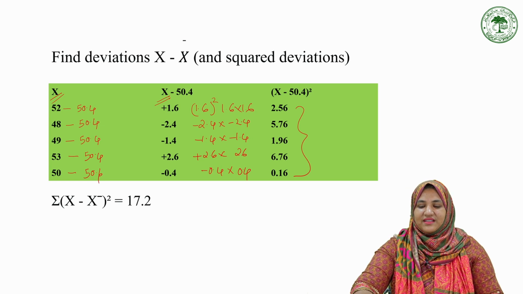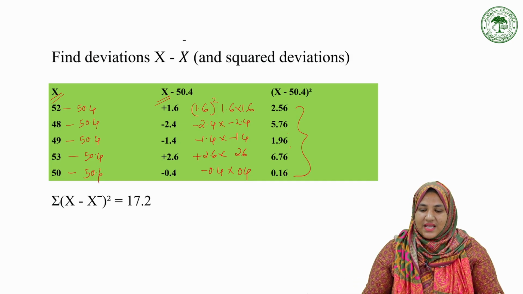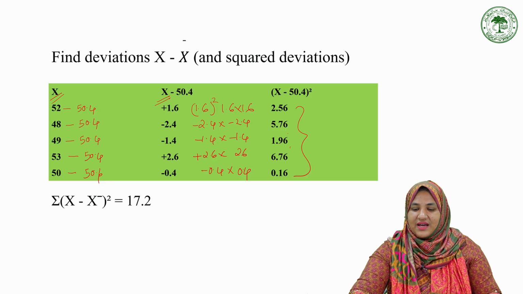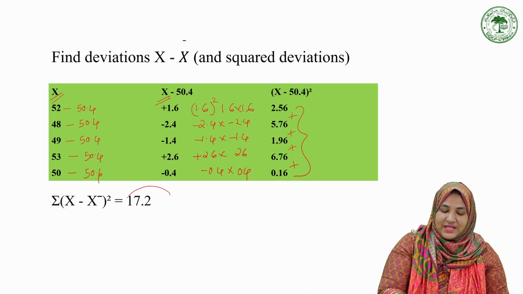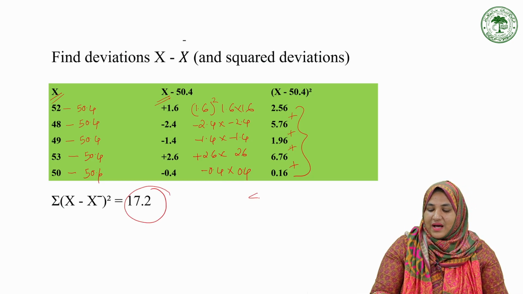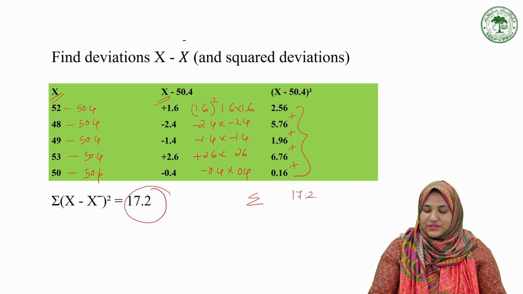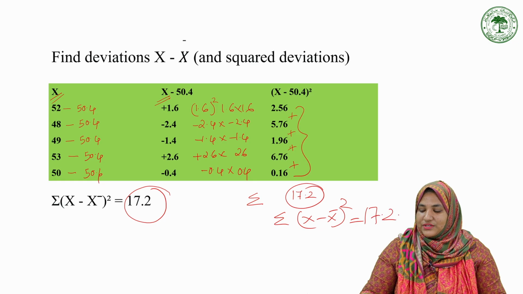So the values we get are 2.56, 5.76, 1.96, 6.76 and 0.16. Now we add all these, and we get 17.2. That is sigma of (x minus x bar) the whole square is equal to 17.2.